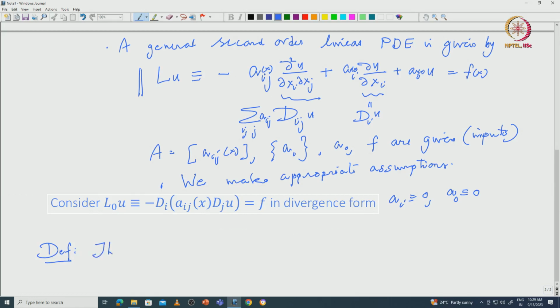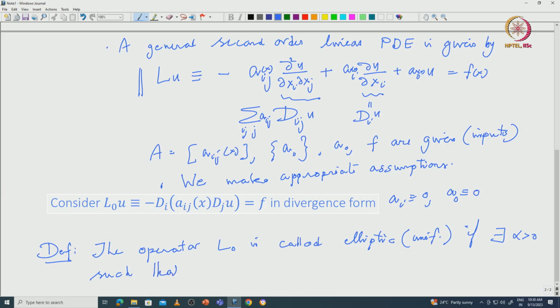The operator L_0 is called elliptic, in fact uniformly elliptic, which is a very strong condition, if there exists alpha positive such that a_ij xi_i xi_j, with summation over repeated indices, is greater than or equal to alpha times mod xi square, for all xi in R^n.